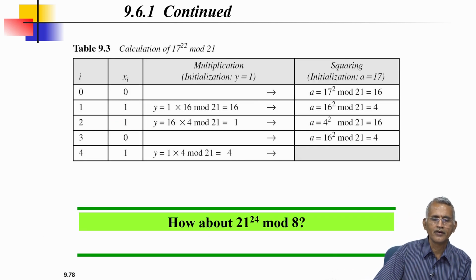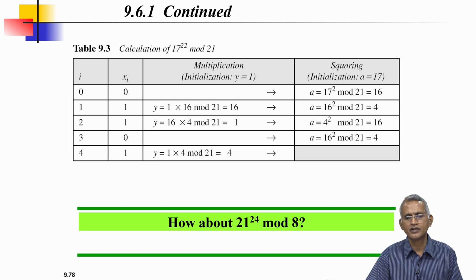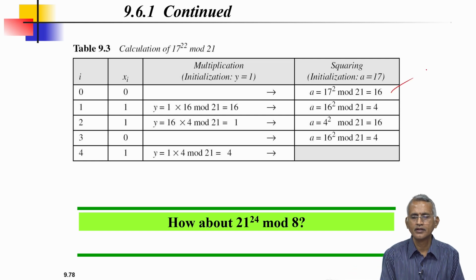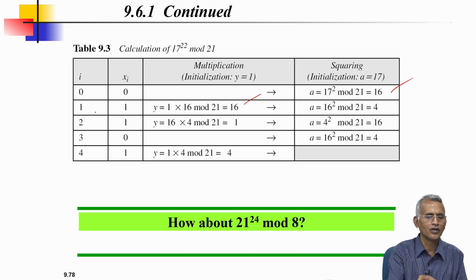So, calculate 17 power 22 under modulo 21. What we have to do is take a equal to 17 square under modulo 21, and then the value is 16. So, 16 can be expressed as 1 into 16 modulo 21, therefore 16, and for i equal to 0, 1, 2, 3, 4 the xi bits you have to write are 1 0 1 1 0.